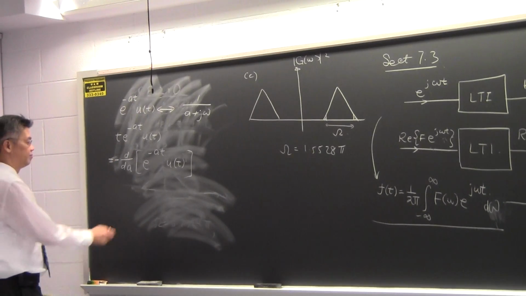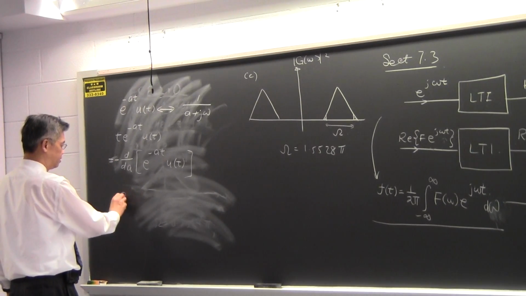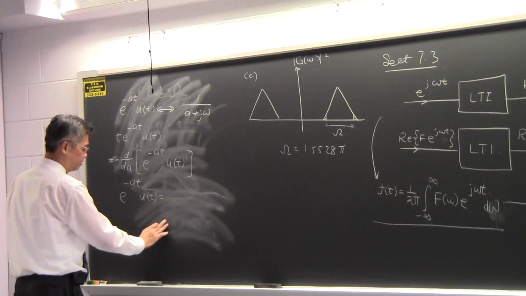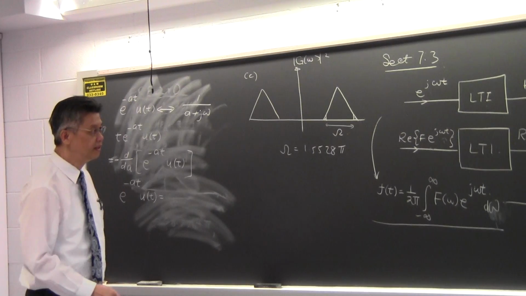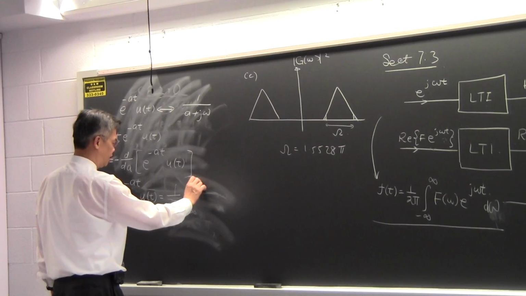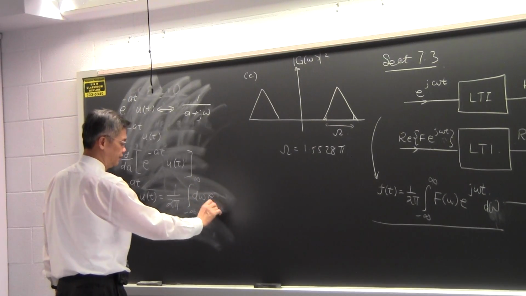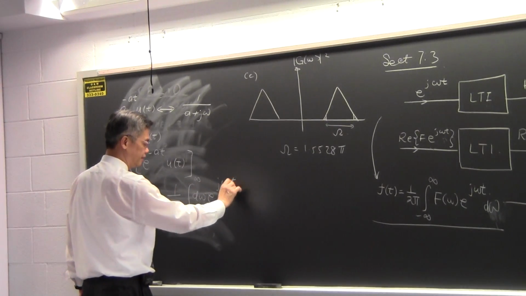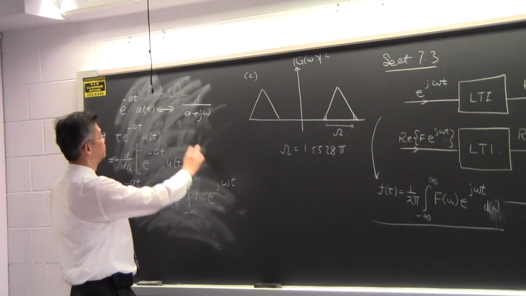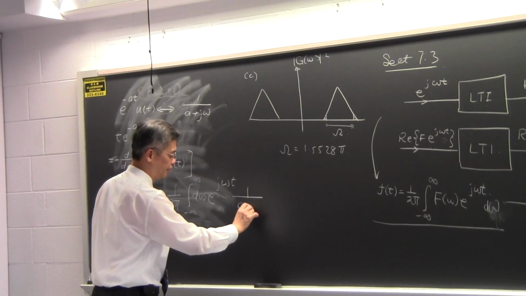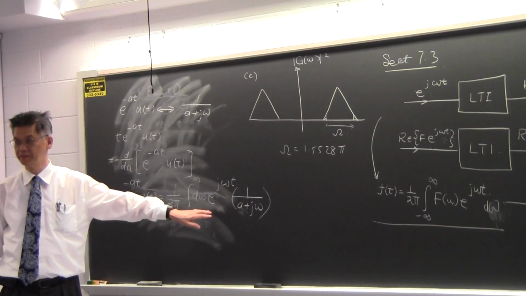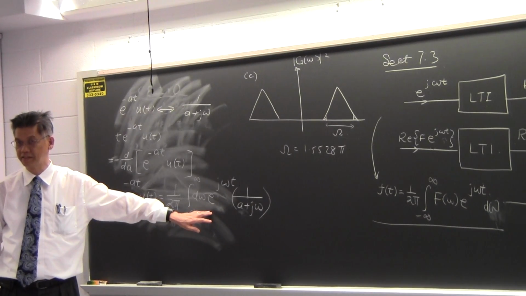But this function itself can be written in terms of a Fourier transform, by the Fourier transform theorem, that this is equal to 1 over 2 pi integral from minus infinity to infinity of e to the j omega t here, and then the Fourier transform of this quantity, which is given to be 1 over a plus j omega. This equals that. We have proven that to be a fact.